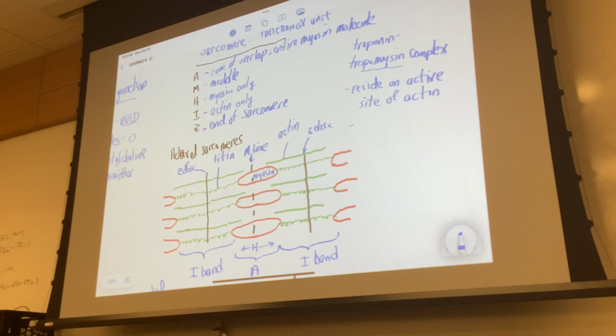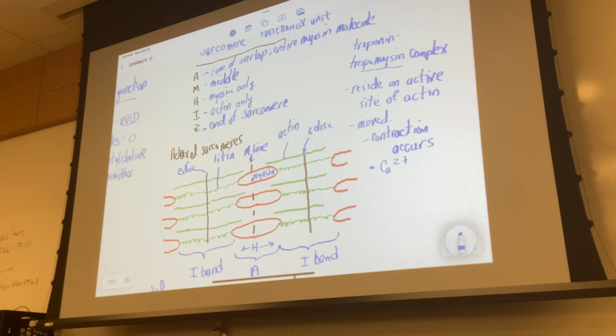They reside on the actin active site, and all they do is, when they're on the site, then it's relaxed, and when they're moved, and they're moved by an ion here, a cation.